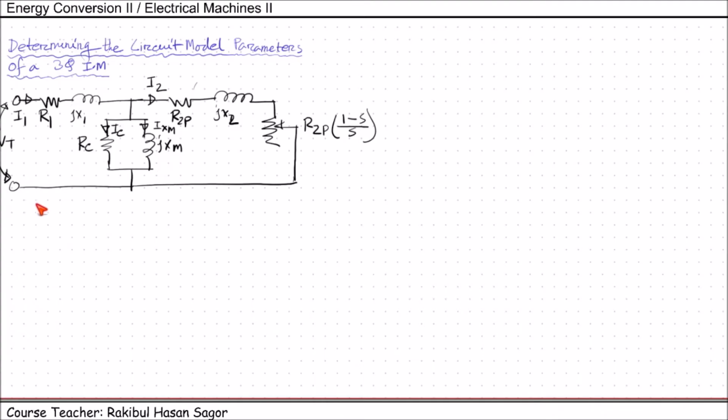So the values that are to be determined are R1, X1, R2P, X2, RC, and XM. In order to figure out these values, we need to go for three different tests. Number one, the DC resistance test.